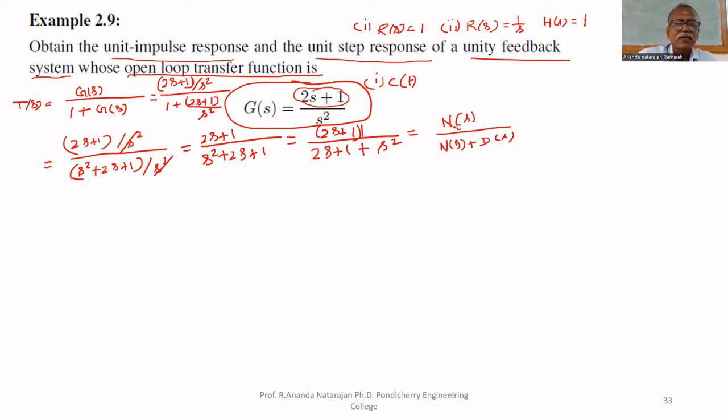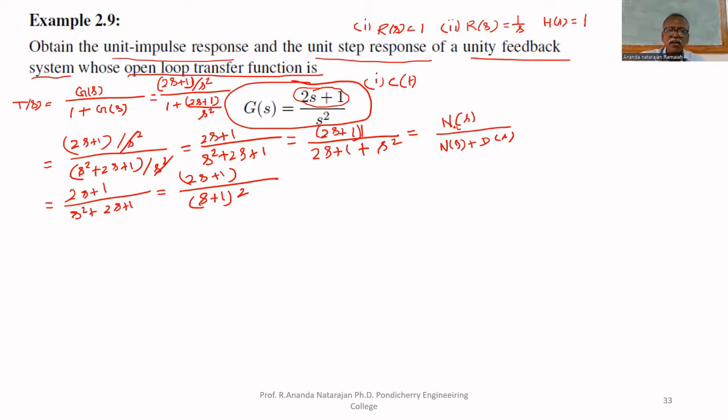Now we have to find the response for two cases. One is 2S plus 1 upon S square plus 2S plus 1. This can be factorized as 2S plus 1 upon S plus 1 whole square. Can I factorize like that? S plus 1 whole square. S square plus 2S plus 1.